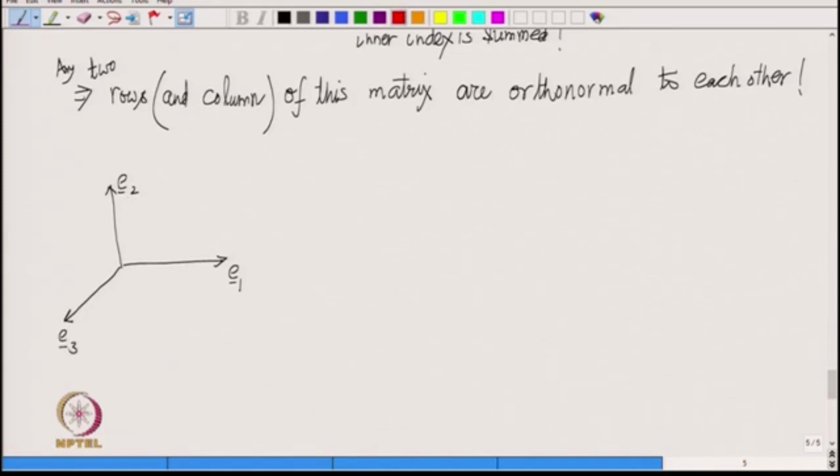And suppose I rotate this coordinate system and think of a new coordinate system E1 hat, E2 hat and E3 hat, where E3 hat is the same as E3, but E1 hat and E1 are rotated by theta. Okay. So, how will the rotation matrix look? That is the question here. What is this R equal to? The components of R.